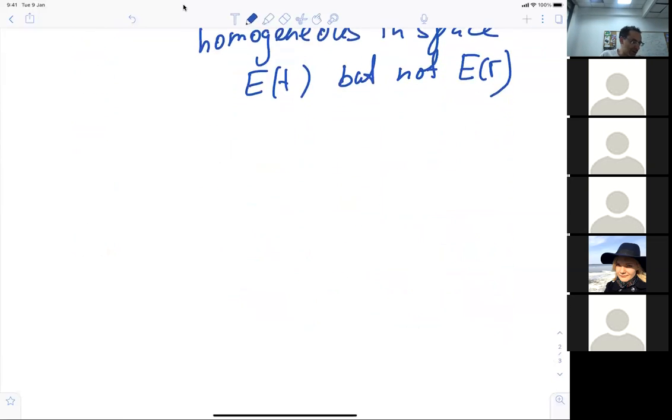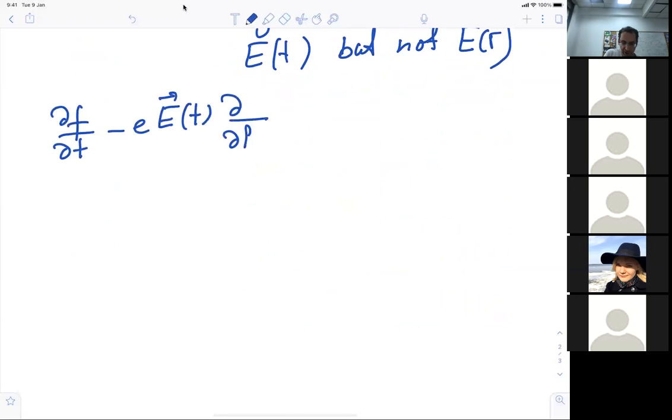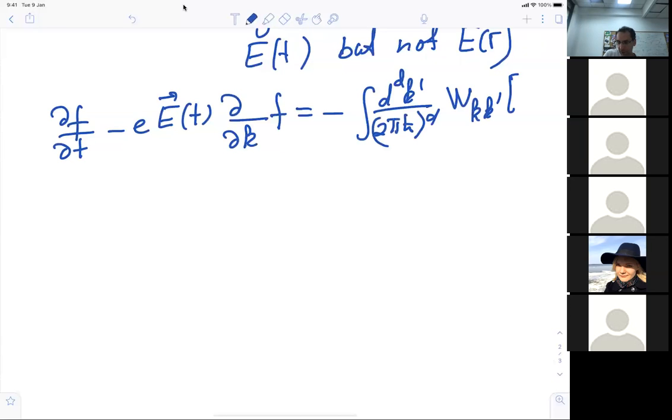Okay, so it means that the spatial gradient drops, and we have a Boltzmann equation that reads like this. d over dt f is equal to minus the integral over dk prime over (2 pi h bar)^d, w_kk prime, f_k minus f_k prime.